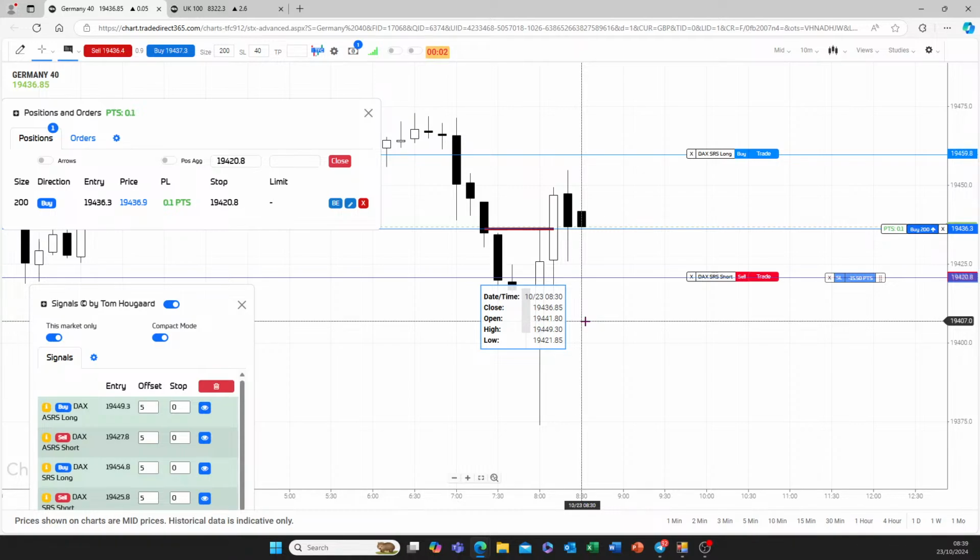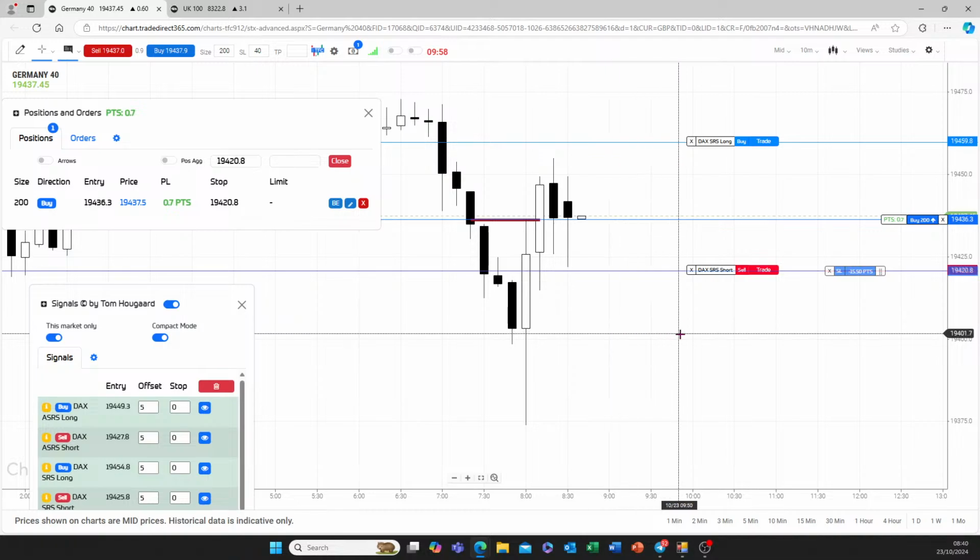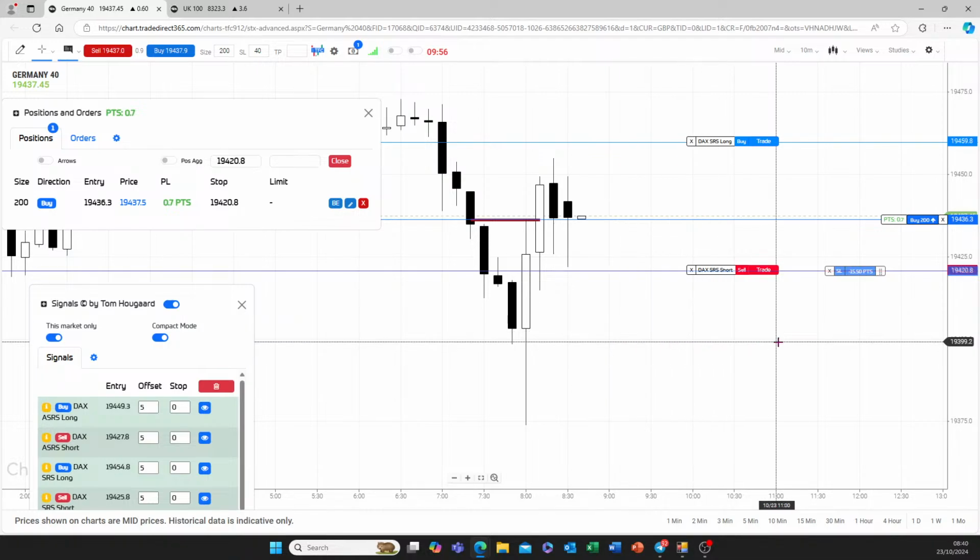I was 1 point from being stopped out, and now I'm back in positive. I guess it is a small stop loss, but still, I consider myself a little fortunate there.